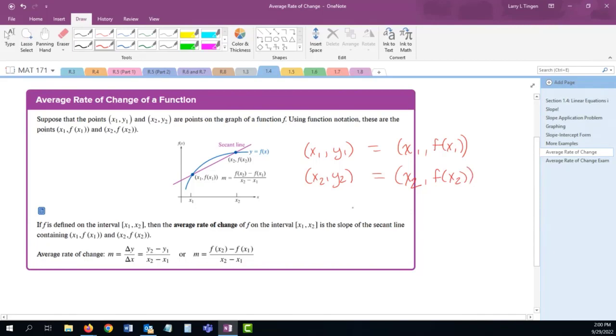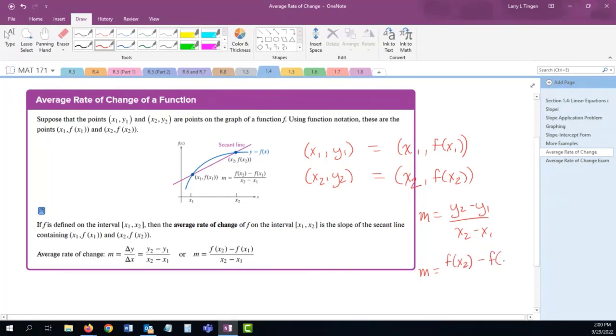So the equation of the slope looks like it changes, right? Slope, we've been used to change in y over change in x. Well, when we get to a function, we don't have y. We have y sub 2 is whatever f was when I plugged in x sub 2.